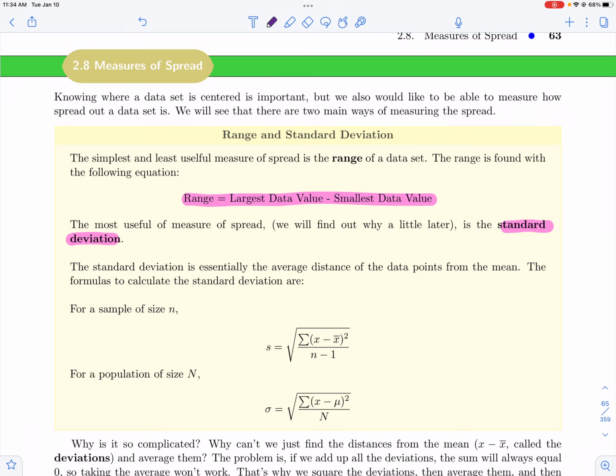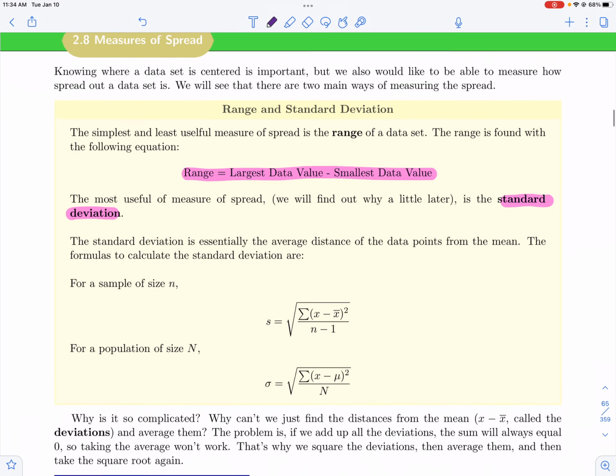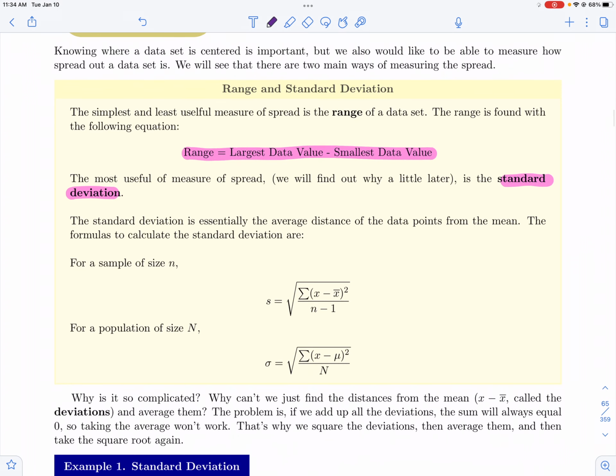All right, so if we look at our standard deviation, we've got two formulas just like we did for our mean. The one with the s beside it is going to be our sample standard deviation. I'm just using SD to abbreviate standard deviation.